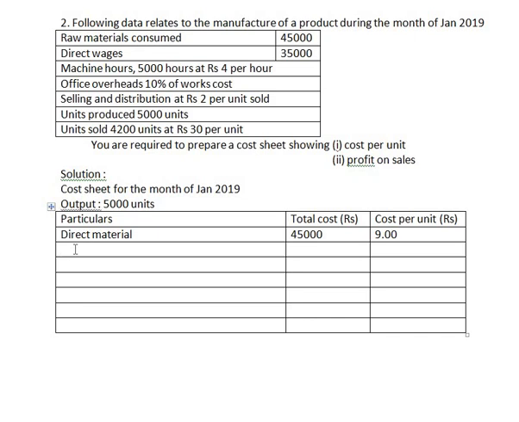Next we need to take direct labor or direct wages. Direct wages amount is 35,000. Now 35,000 divided by again 5,000, that is 7 rupees. Hope everybody is understanding.